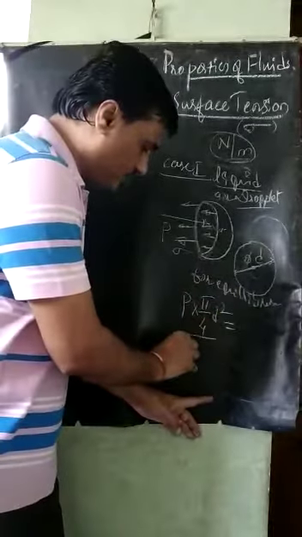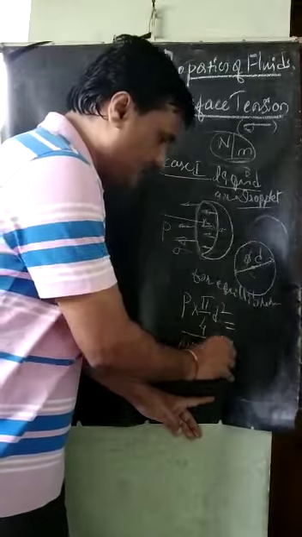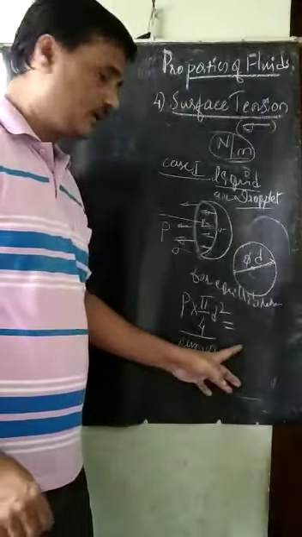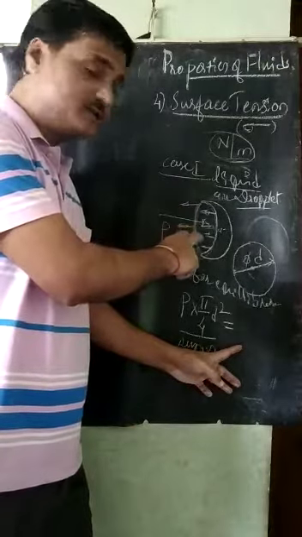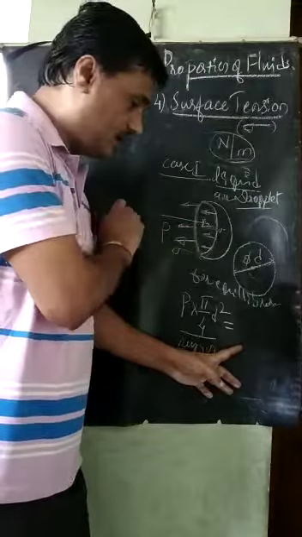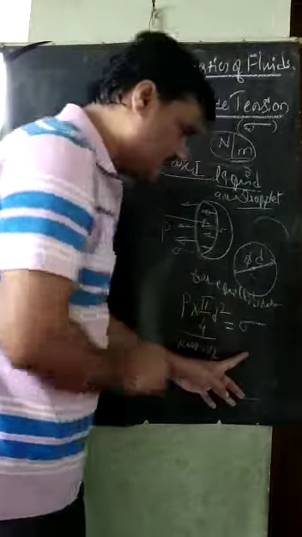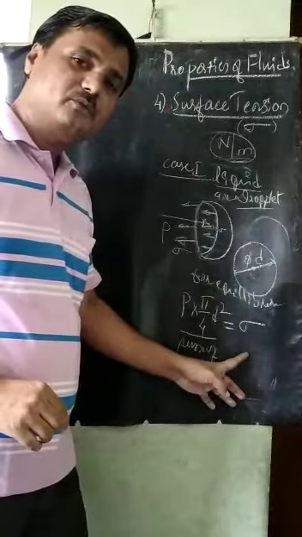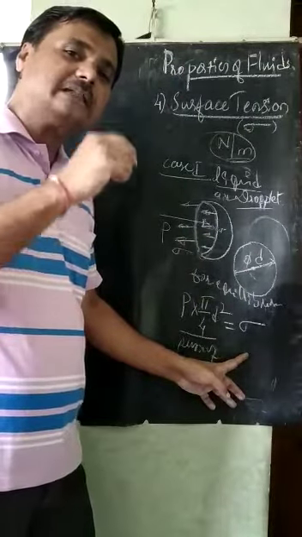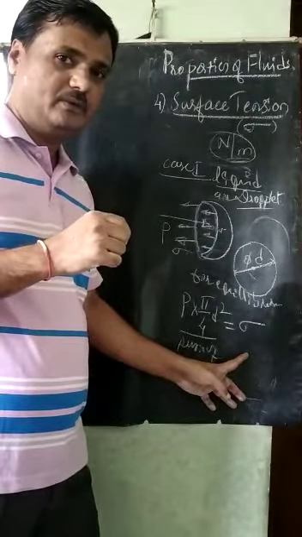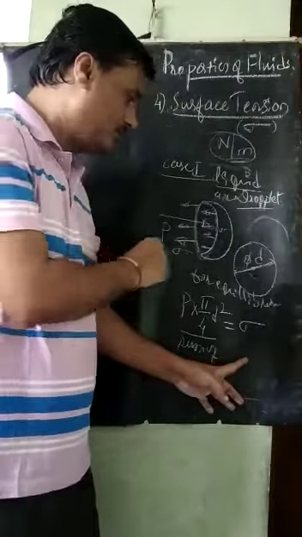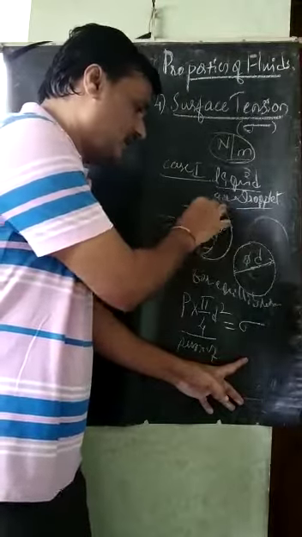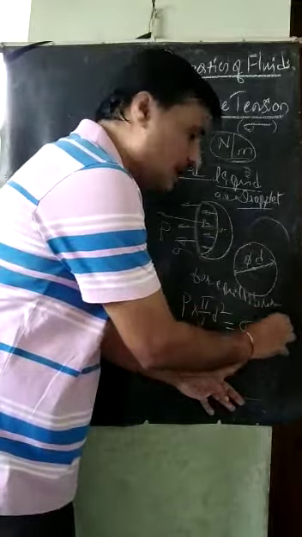This is the pressure force, and it is equal to the force created by the surface tension. The surface tension force acts on the perimeter. The perimeter of this circle is pi into d.